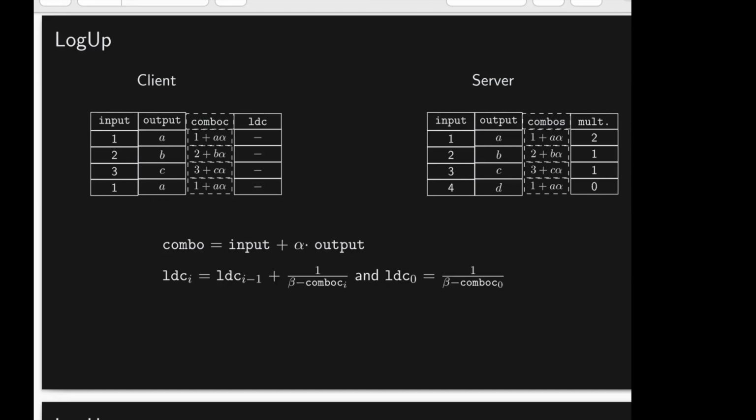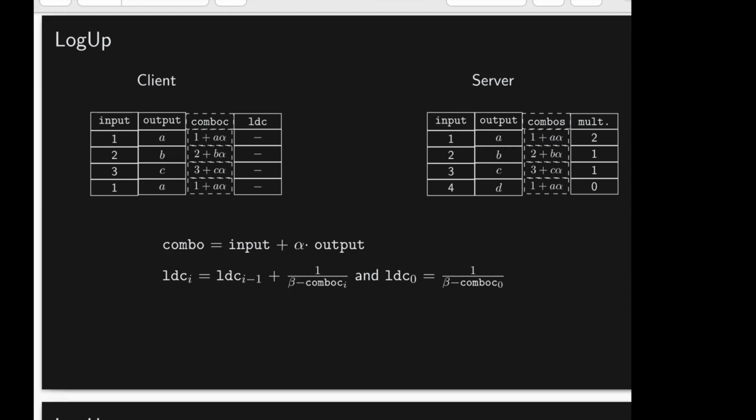Now at this point, we can extend in the auxiliary trace the client with a new column called the logarithmic derivative, which computes a running sum of reciprocals of beta minus the ith combination cell, where beta is another random scalar provided by the verifier.